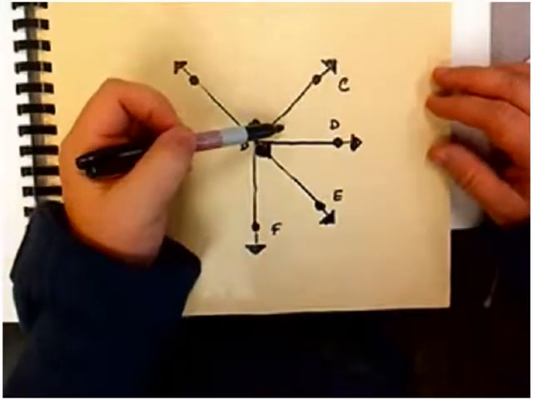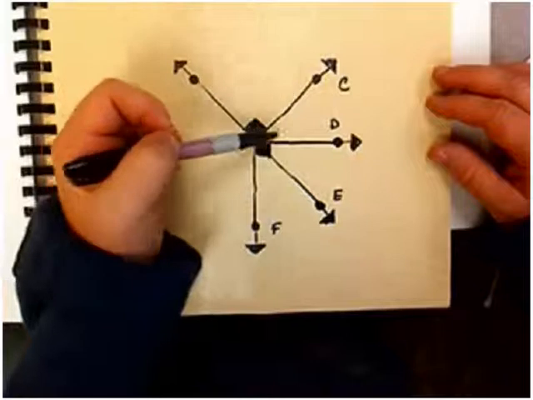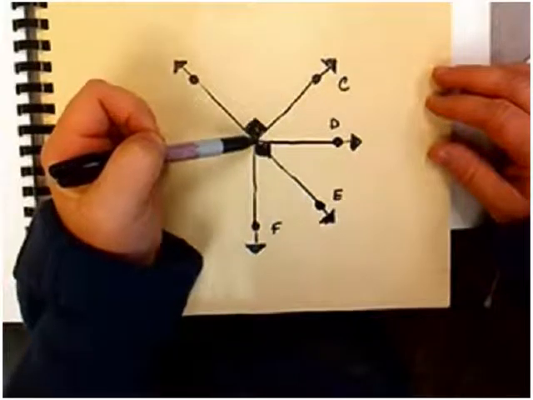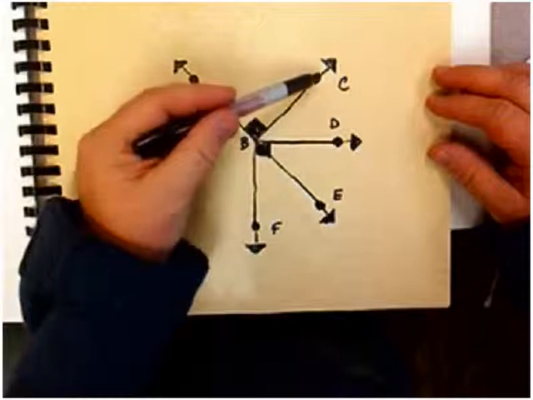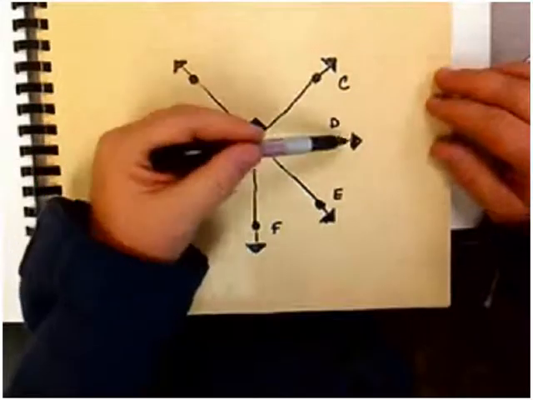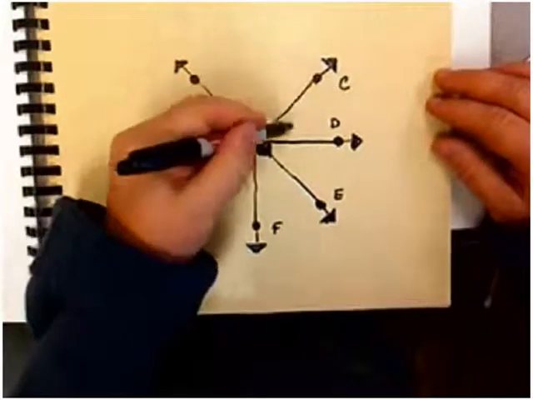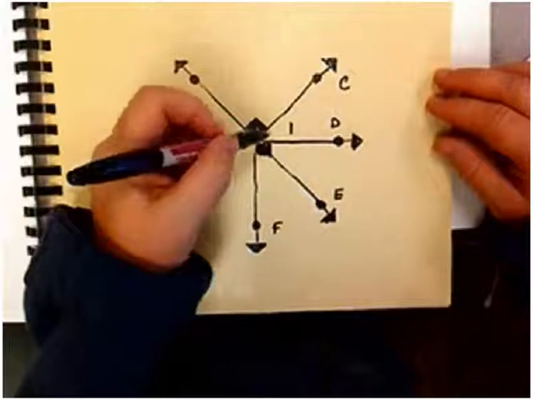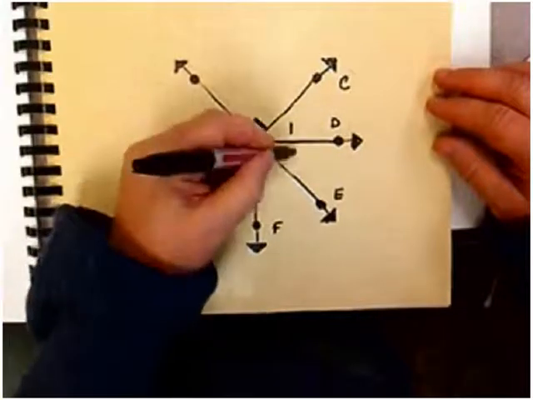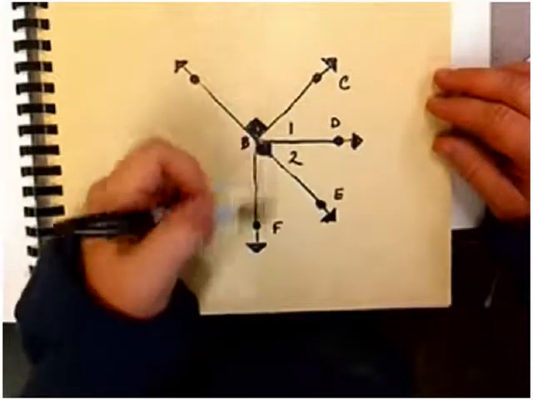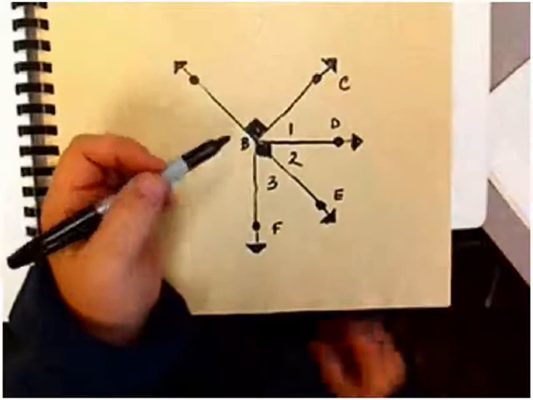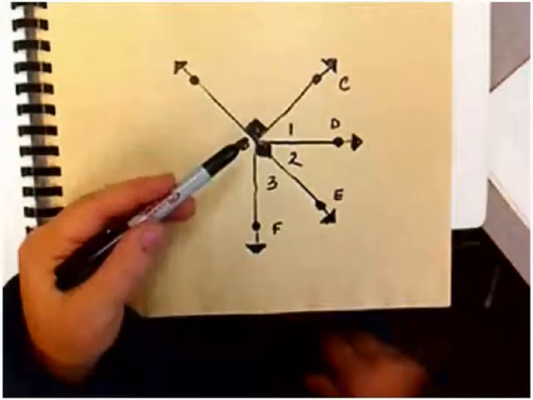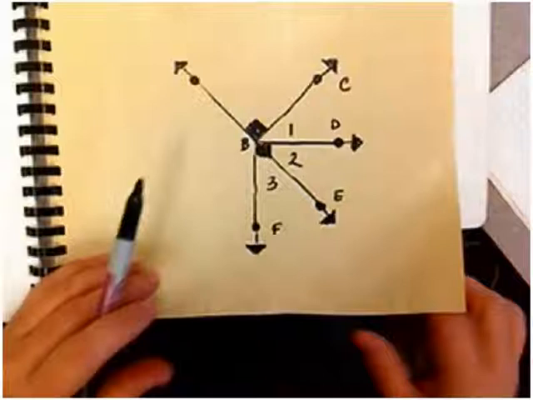They've labeled some of the angles with numbers. To the right of vertex B, angle CBD, from 2 o'clock to 3 o'clock, is angle 1, and if you go clockwise, DBE is angle 2, and EBF is angle 3. So that's the drawing you're working with for questions 33 through 37.